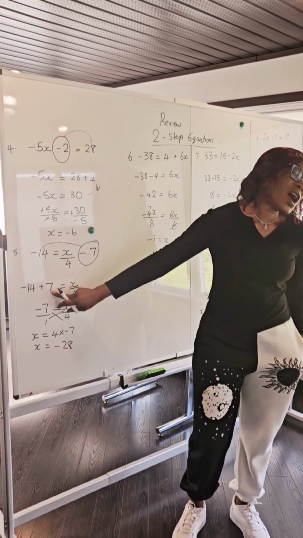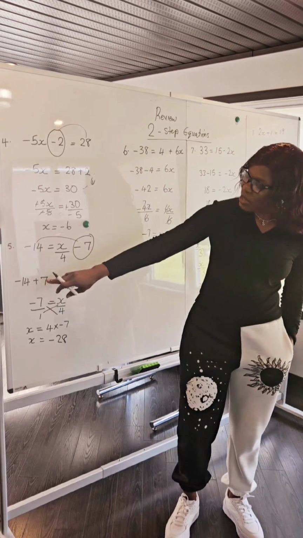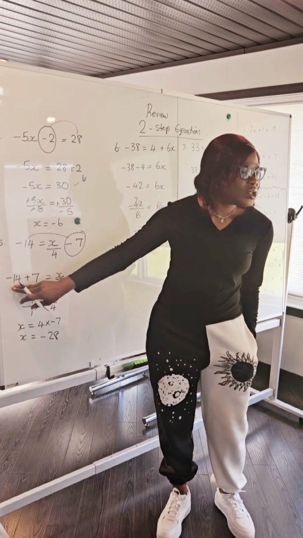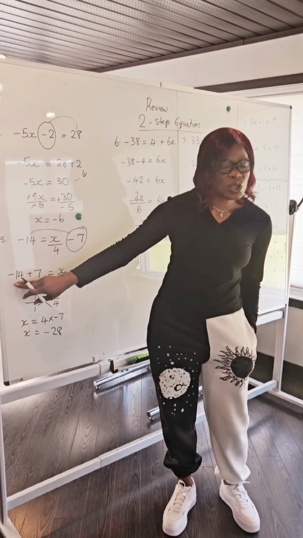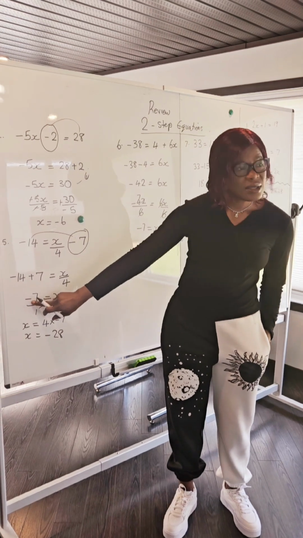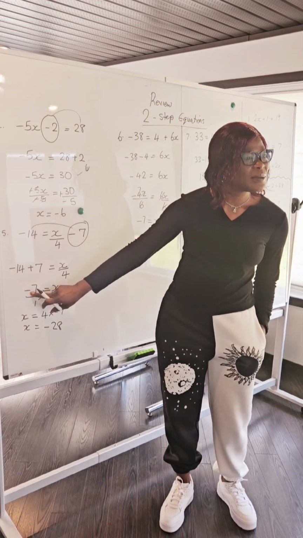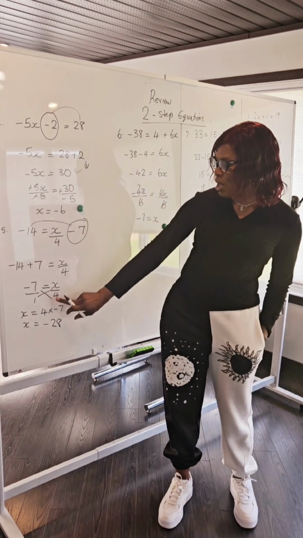So how much will you ask your dad or your mom to give you? You take the $7 you have, take it away from the amount you actually needed to buy a pair of shoes. So we are looking for $7. And since that money is not in your account, remember to put the negative sign. So we have -7 = x/4.